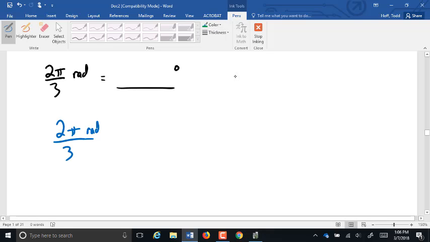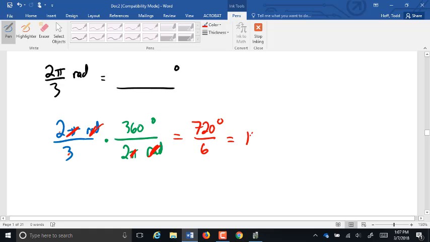My conversion factor, put radians on bottom and degrees on top. 360 degrees equals 2 pi radians. The pi's cancel out. I've got 2 times 360 is 720 degrees. The radians cancel out as well, by the way. 3 times 2 is 6. 720 over 6 is 120 degrees.